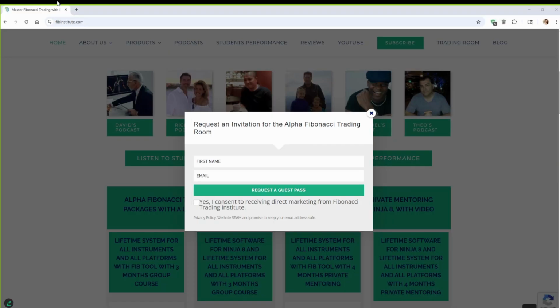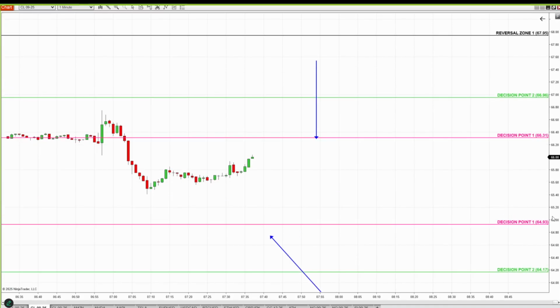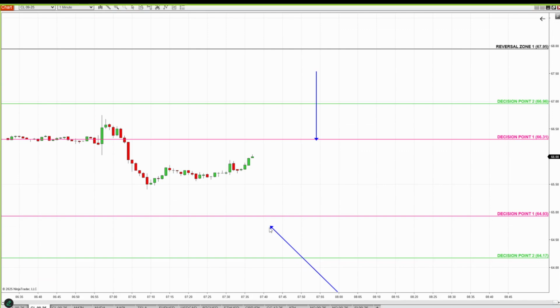And again, if I bring to your attention oil, what played out on oil is here, black and white. Crawl up to the alpha Fibonacci bold pink line, because when this level remains intact, the crawl continues up. That's it. And that's the power of the system across multiple instruments.